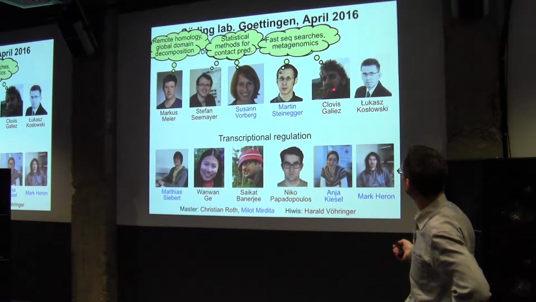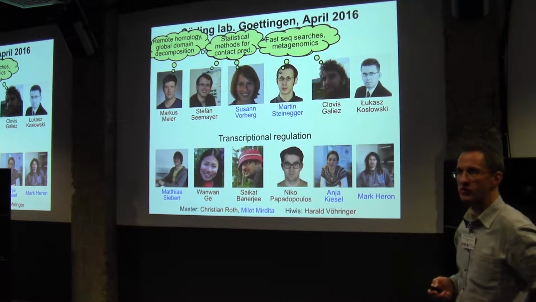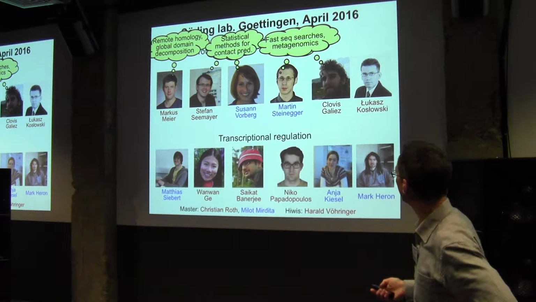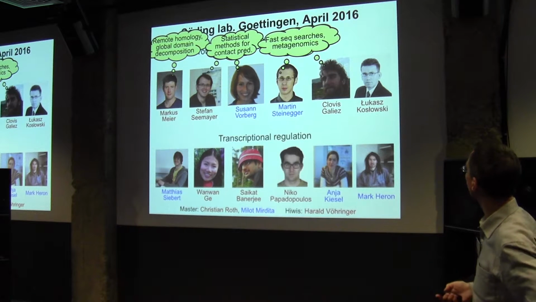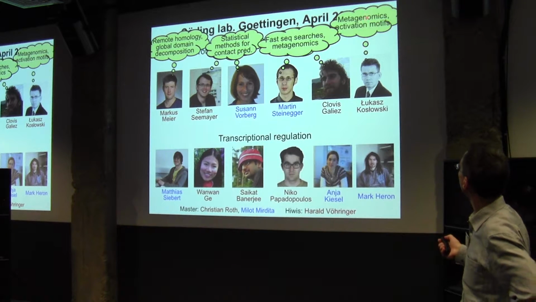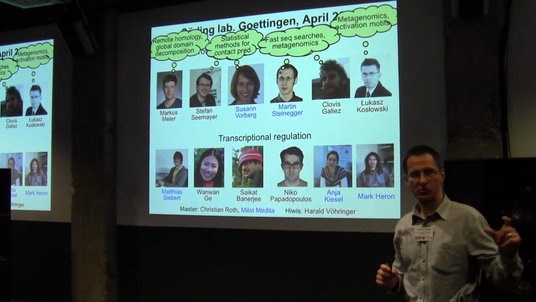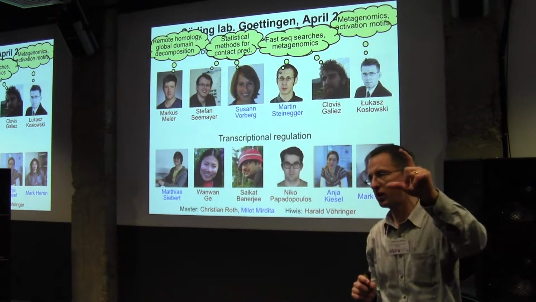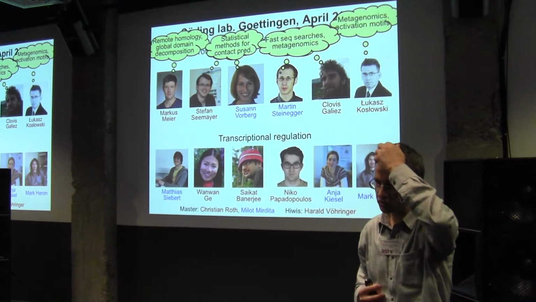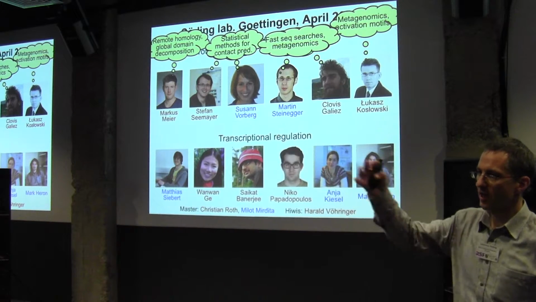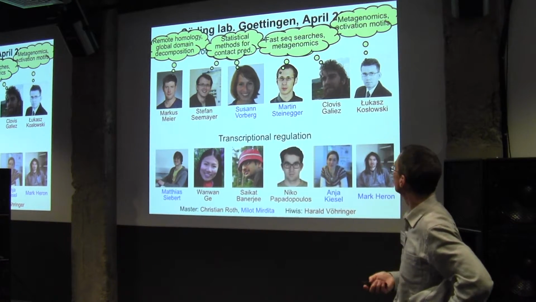Clovis has just recently started and works on MMseqs and on applications to viral metagenomics in a project that we have recently joined, a European project called VirusX. And Lukas works on the detection of activation motifs for transcriptional activation. So these are short linear motifs that bind to targets like, for example, TFIID, a cofactor for transcriptional activation, or mediator, or other targets that help transcriptional initiation rates to go up.